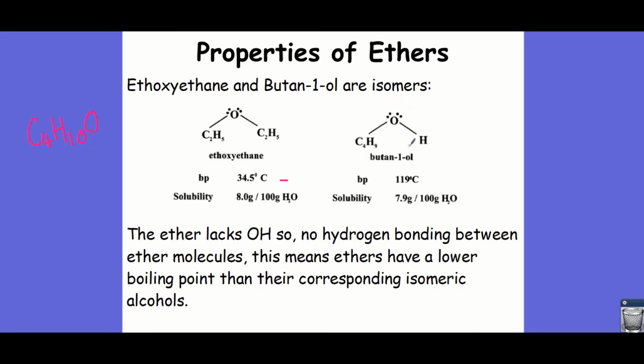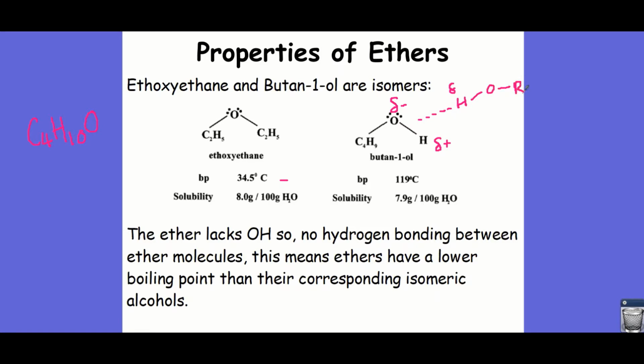Now I'm sure you could have a look at this and work out why. Let's compare the bonding. Butan-1-ol contains an oxygen directly bonded to a hydrogen. That sets up an extremely polar bond because we've got lone pairs and a higher electronegativity on this oxygen. That allows for the formation of hydrogen bonds with something else that contains that group.